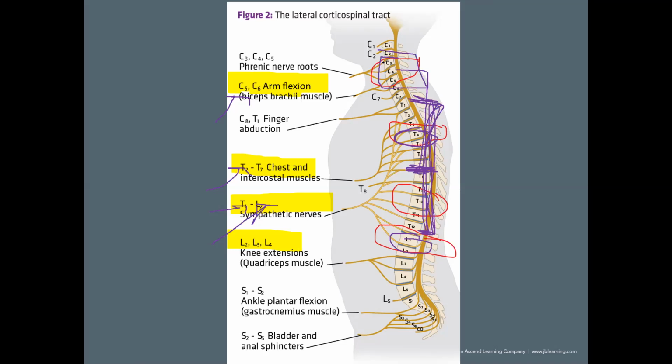Imagine what that will do body-wide to your blood pressure. So that would be a bad thing. Spinal shock or neurogenic shock: massive vasodilation causing massive hypotension.